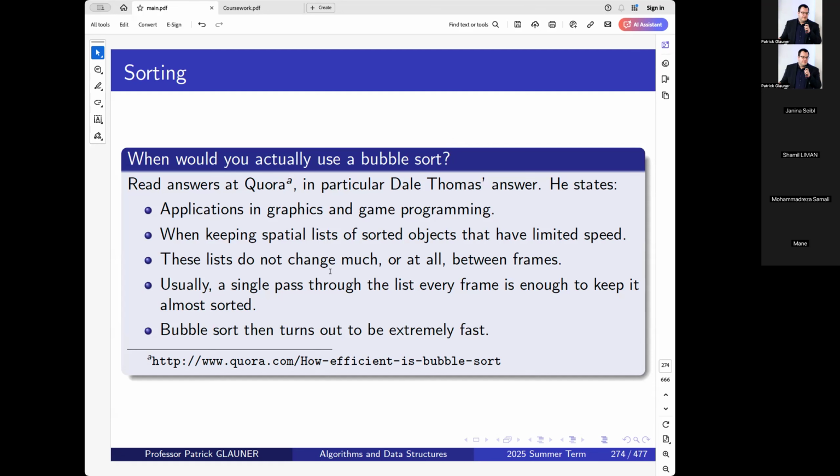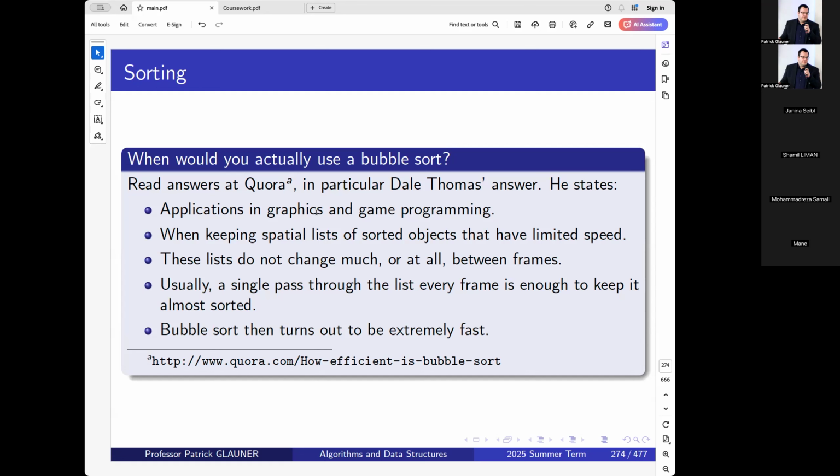For example, in graphics and game programming, where you have a game with a certain number of frames, say 30, 40 frames per second, and you have limited time for what you're able to do. You have some pixels and you keep moving, but the frame you're rendering doesn't need to be perfectly sorted yet, because just a few milliseconds later, you're rendering the next frame.